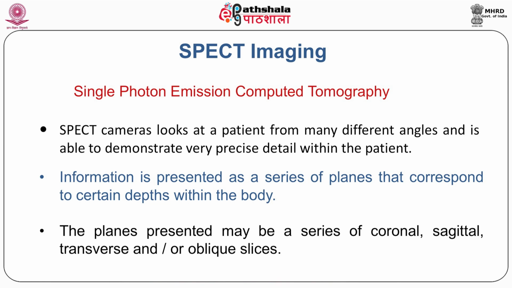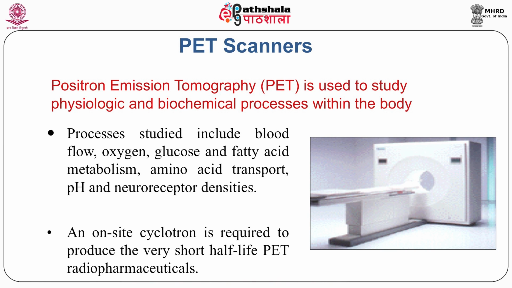It means the planes formed because of the movement of the camera give coronal images, sagittal images, transverse images, and then we have to use different kinds of algorithms to convert these images into a three-dimensional image, because some mathematics has to be used.